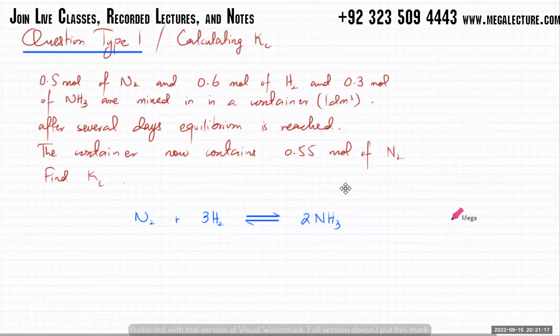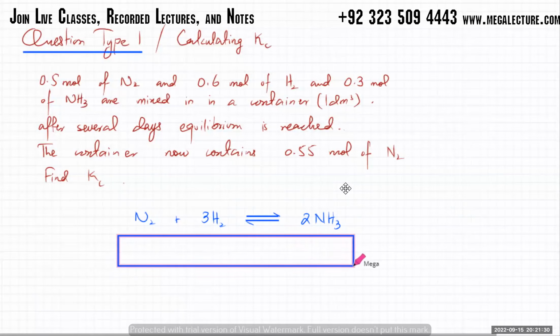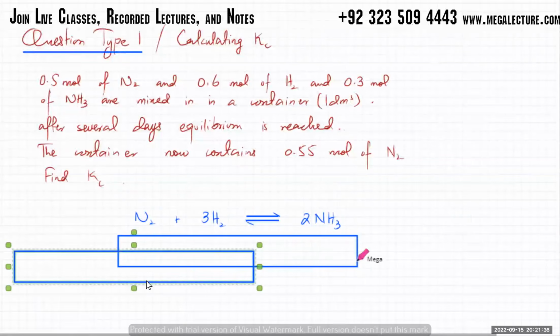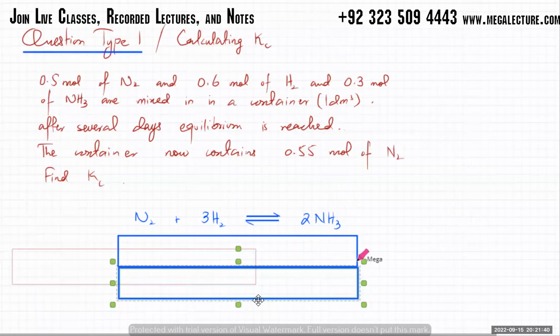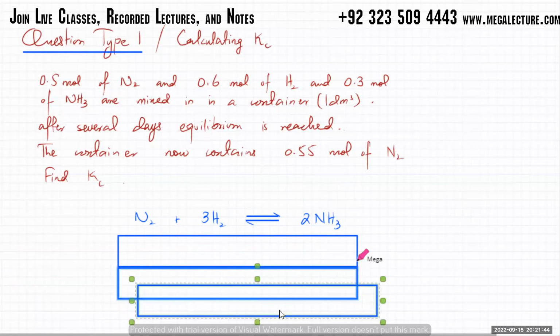We already know the reaction. Now every time it's going to be solved this way. You're going to make some rows, and let's make three of them: the first row, my second one, and the third one.